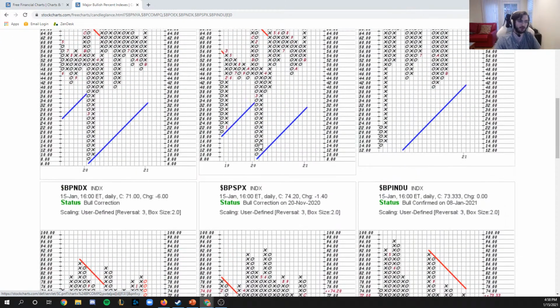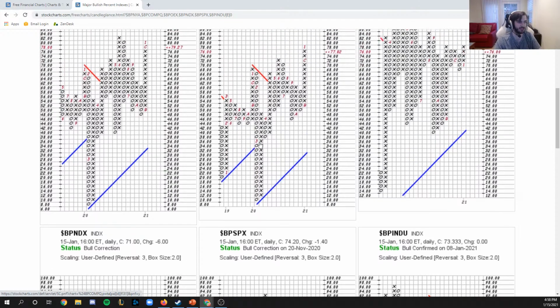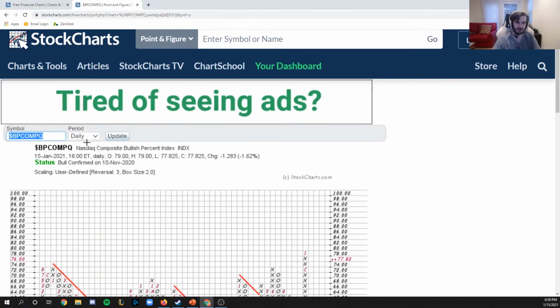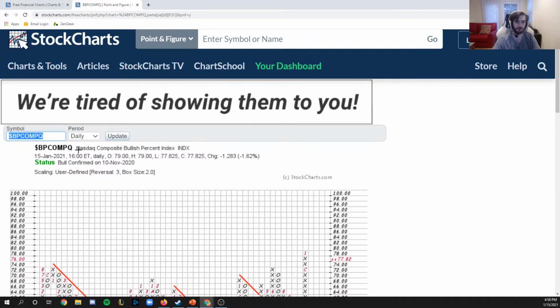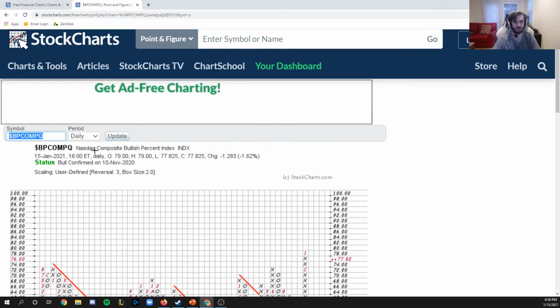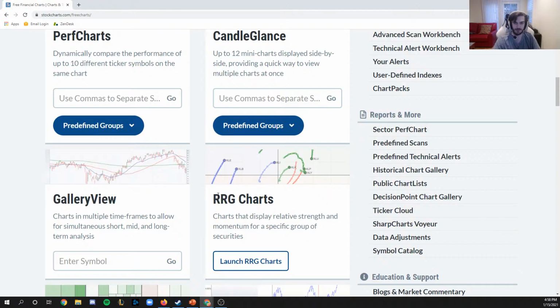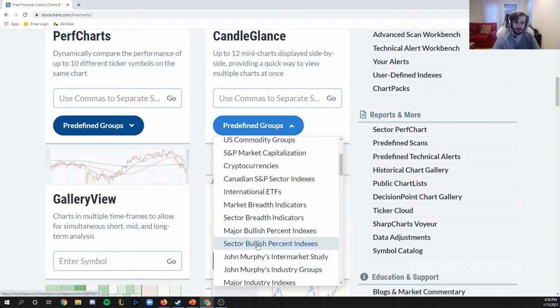If you're ever curious what one of these are in particular, you can click on the chart, and then right up here, it will tell you what it actually is. So this would be the Nasdaq Composite Bullish Percent Index. And then the last one is our sector Bullish Percent Indexes that we have right here.